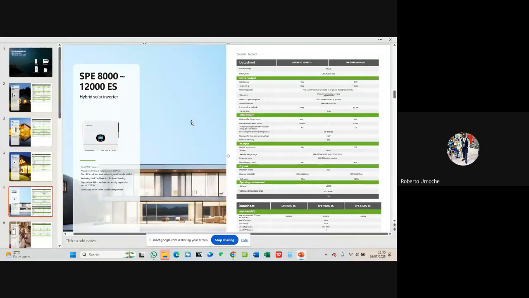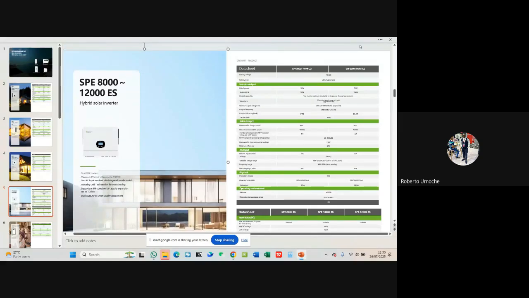So this particular model, we have the battery voltage as 48 VDC, and the battery type lithium and lead acid battery. Rated power is, oh man, I think there is a mix-up here.